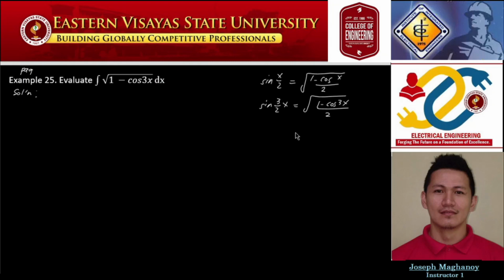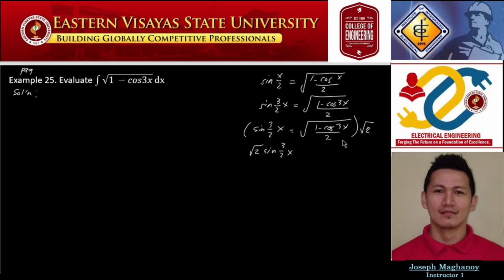Okay. If we multiply this sine 3 over 2x with the square root of 2, what will happen? So 1 minus cosine 3x all over 2, we multiply it with the square root of 2. So it will become square root of 2 sine 3 over 2x. But here, what will happen?